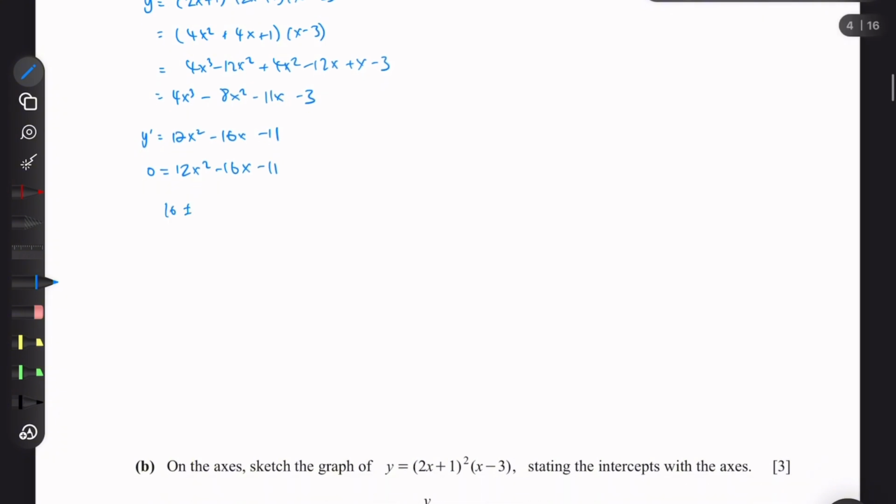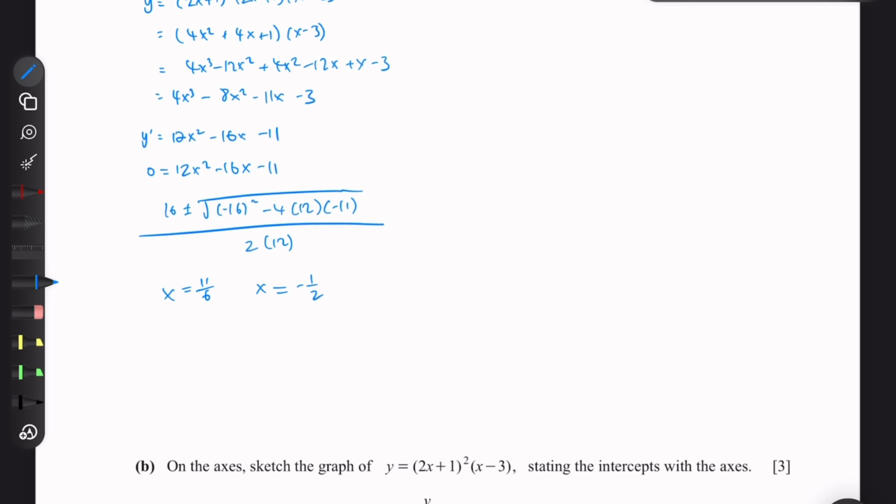Then we put this into the quadratic equation. x equals 11 over 6, or x equals minus half.